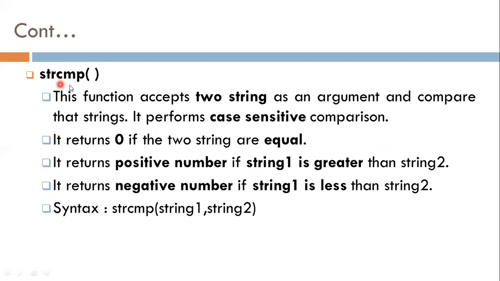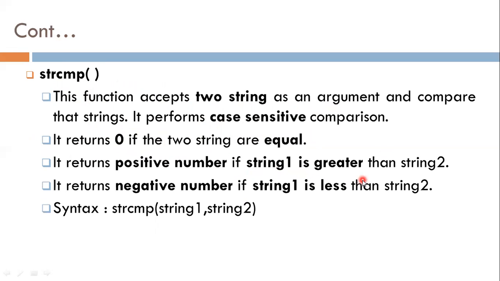The next function is strcmp, meaning comparison. This function compares two strings. It accepts two strings as arguments and compares them. It performs a case sensitive comparison, meaning it considers lower and upper case. If two strings are equal, then it returns 0.